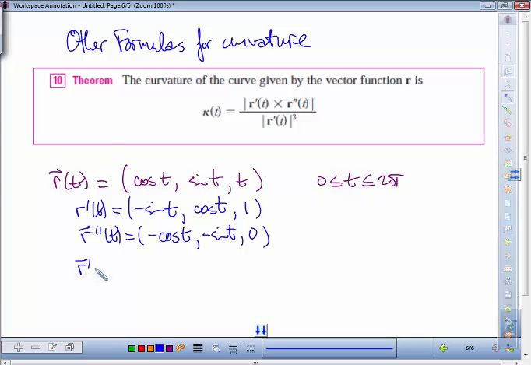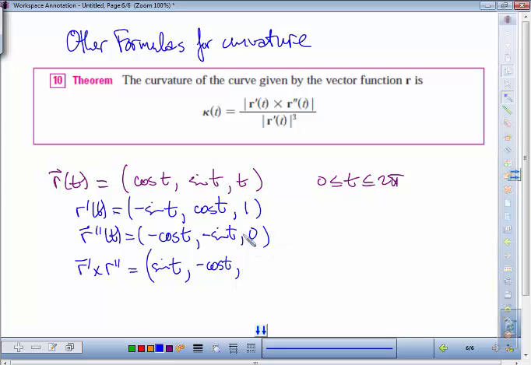So let's cross them, r prime cross r double prime. I have r prime and r double prime already written up here, so I'm just going to go with this. In the i direction, I have 0 minus negative sine t. In the j direction, I have 0 minus negative cosine t with a negative.